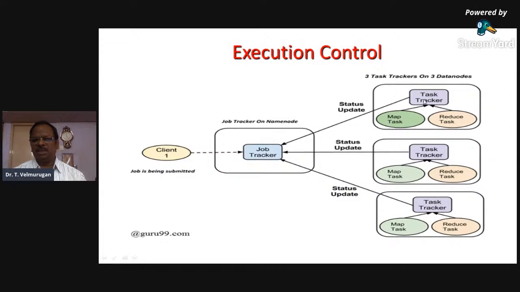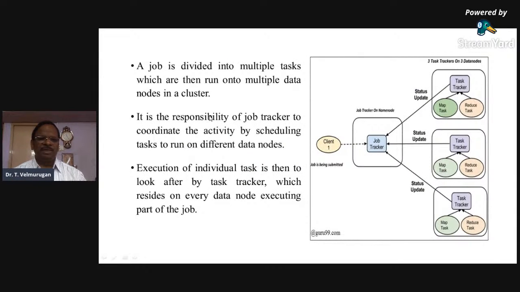The task trackers have map task and reduce task in each and every data node. This is the simple example of execution control of a system. A job is divided into multiple tasks which are then run on multiple data nodes in a cluster. It is the responsibility of the job tracker to coordinate the activity by scheduling the tasks to run on different data nodes.